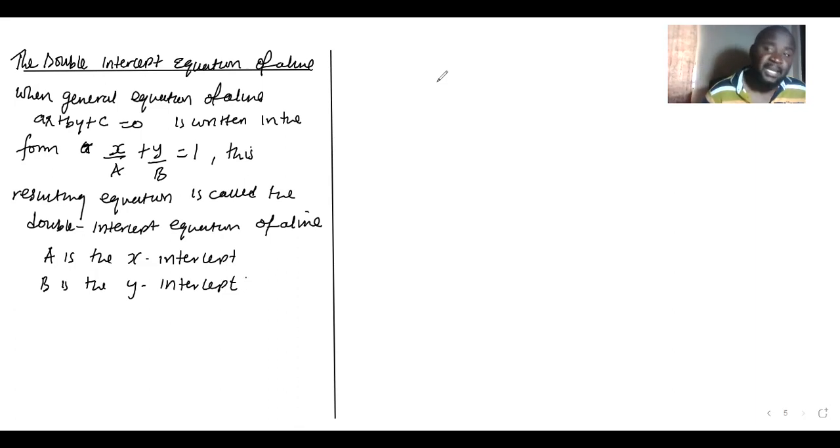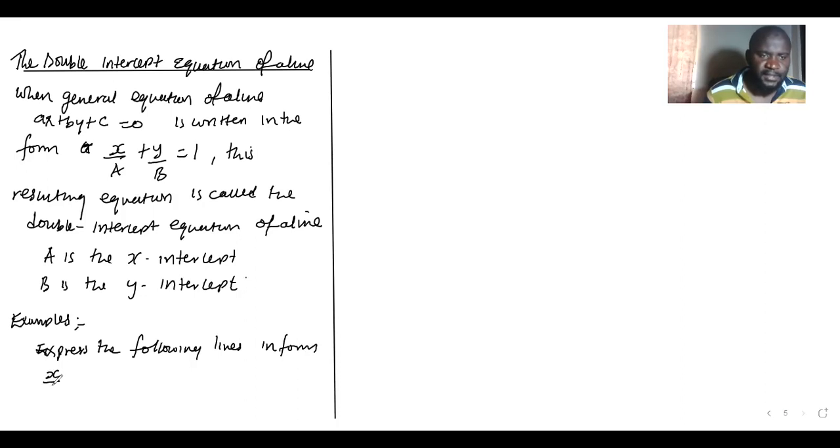So it means it has an intercept in X and an intercept in Y. So they can give you an example and say, express the following lines in the form of x over A plus y over B is equal to 1, and hence state the X and Y intercept in each case.